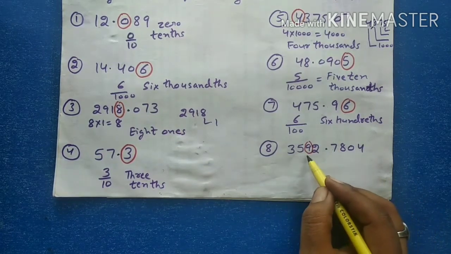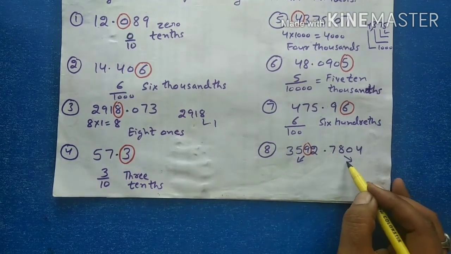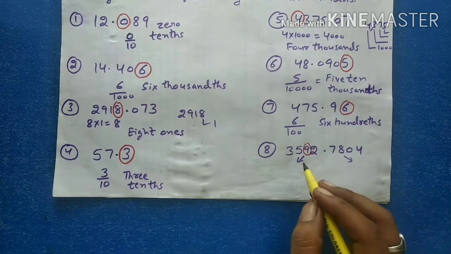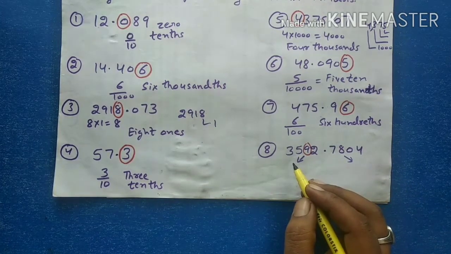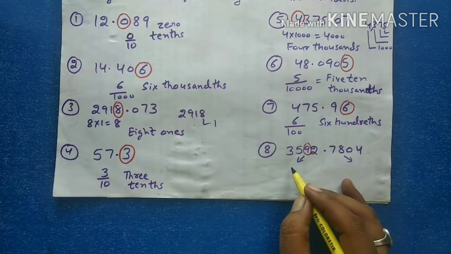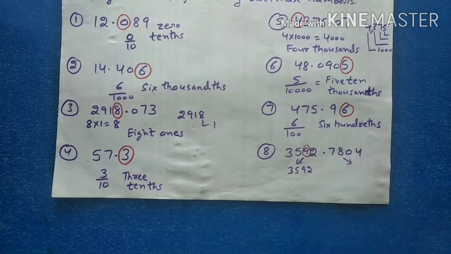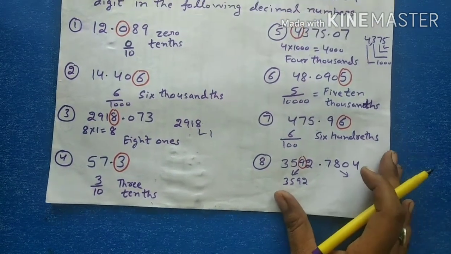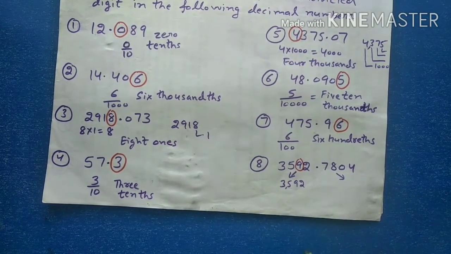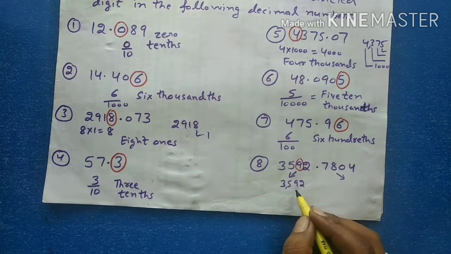Now we are on the 8th question. 3592.7804. This part is the whole part and this part is the decimal part. The digit whose place value we have to write is in the whole part. So firstly I will see 3592. 9 is at which place? 9 is at tens place.